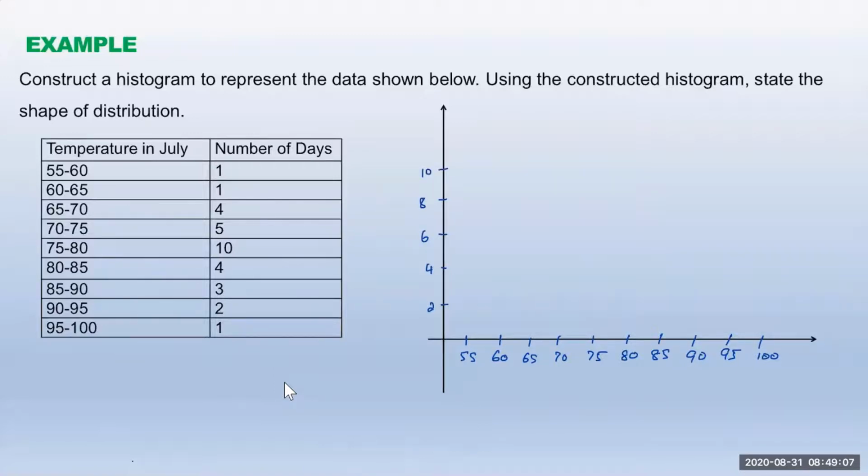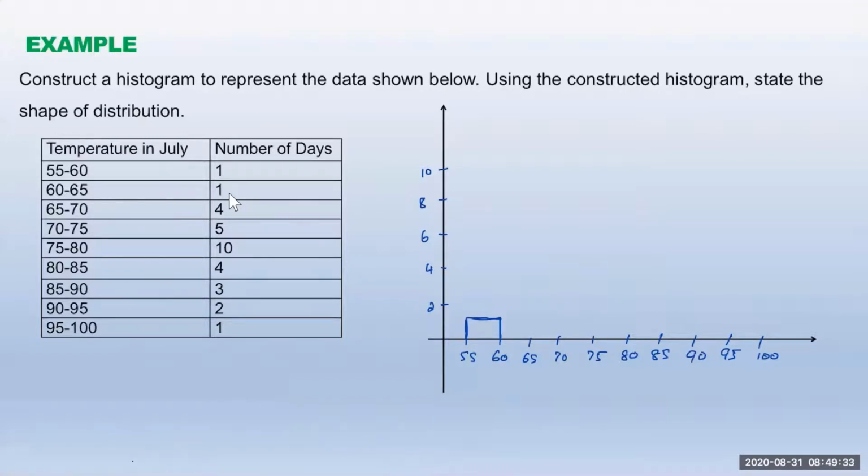Now the first class is 55 to 60. The frequency is 1. 1 is between 0 and 2. So we'll draw a vertical bar of height 1, like this. The next one is also a vertical bar of height 1.